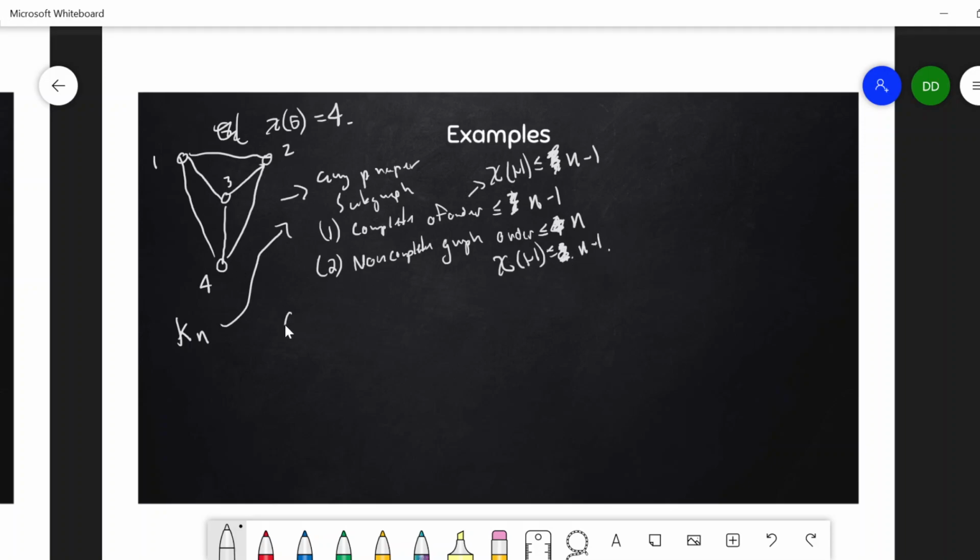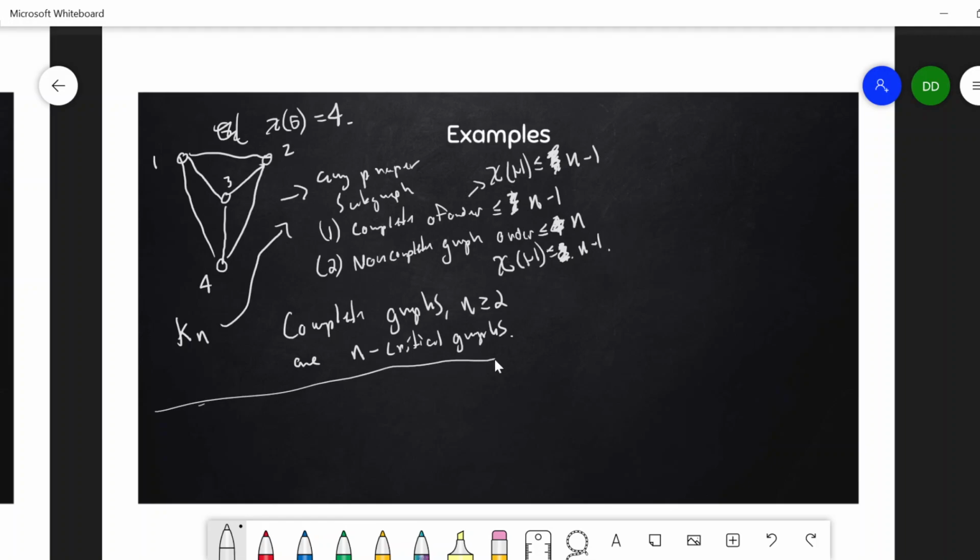And so complete graphs of order n at least 2 are n-critical graphs. Their chromatic number is n, and the chromatic number of any proper subgraph is at most n minus 1. So Kn are all n-critical graphs.